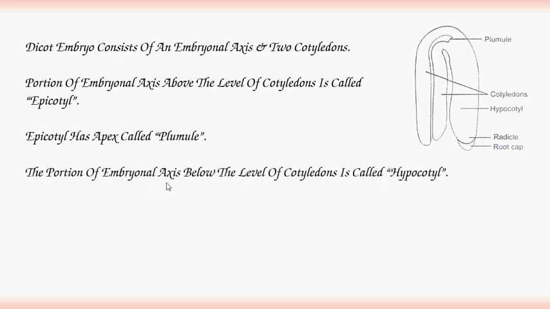The portion of the embryonal axis below the level of the cotyledons is called the hypocotyl region. So the embryonic axis above, the apex region, is called the epicotyl and it has the plumule, and below the level of the cotyledons is the hypocotyl. This hypocotyl has the radicle and root tip.